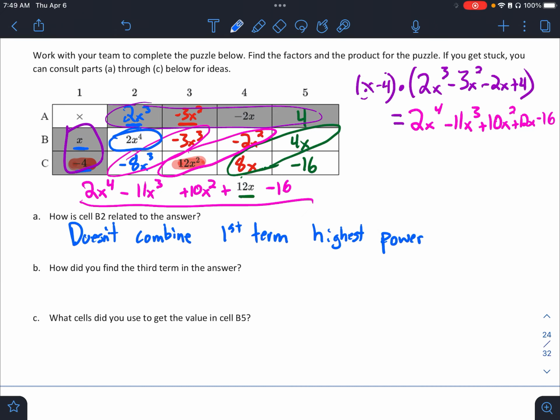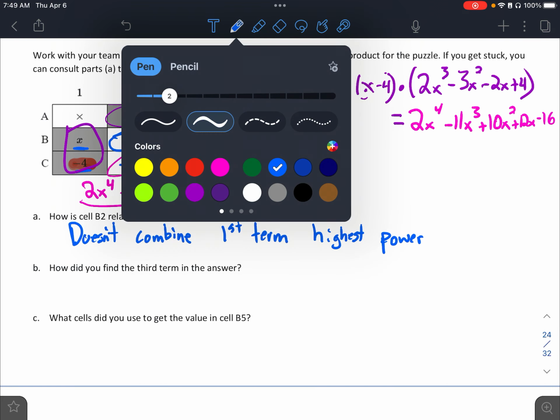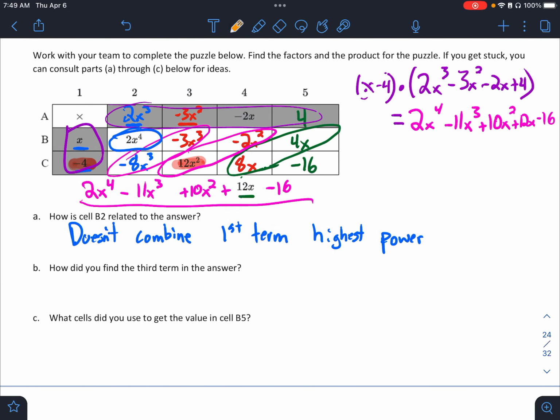All right, it says, how do we get our third term? So 1, 2, 3, how do we get 10x squared? This was by taking B4, this one, negative 2x, plus C3, this one here, all right, or negative 2x squared plus 12x squared, got me 10x squared.